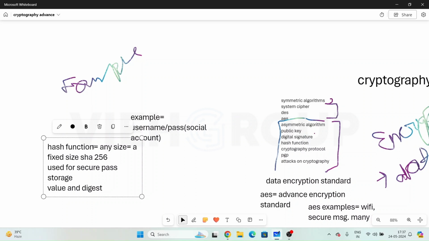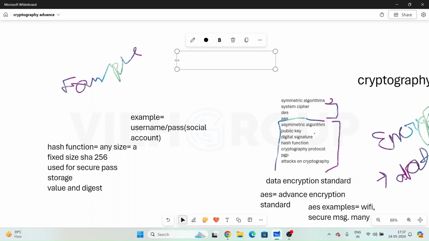Now the next topic is cryptography protocol. It contains TLS and SSL.